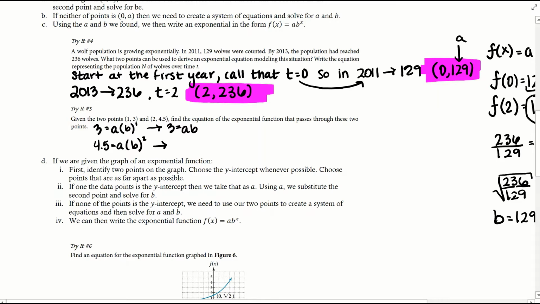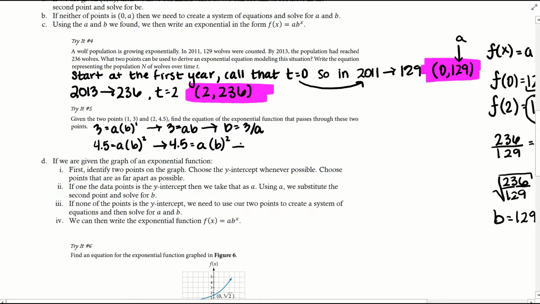With this one, I'm going to leave it like that: 4.5 equals a b squared. And I'm going to solve for b using my first one. So b is going to equal 3 divided by a.